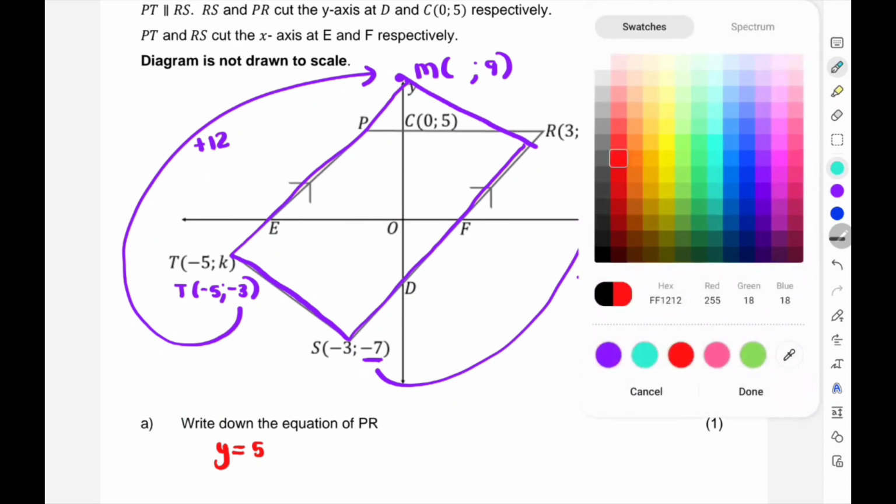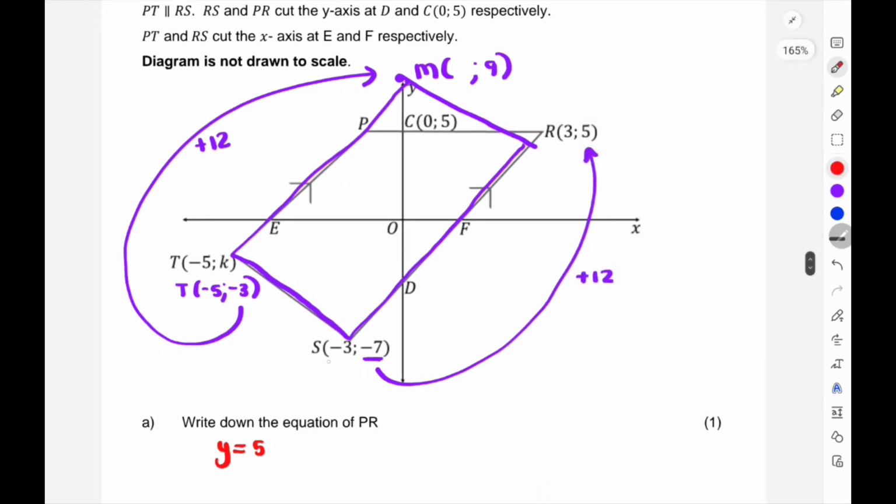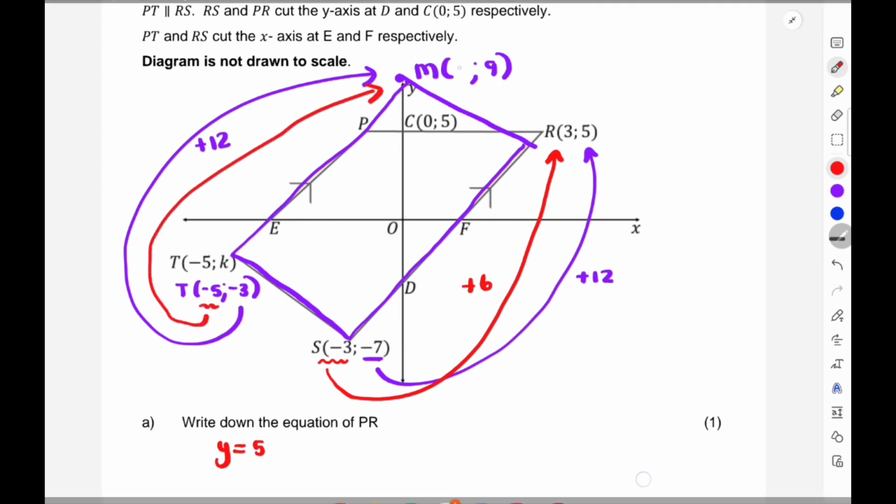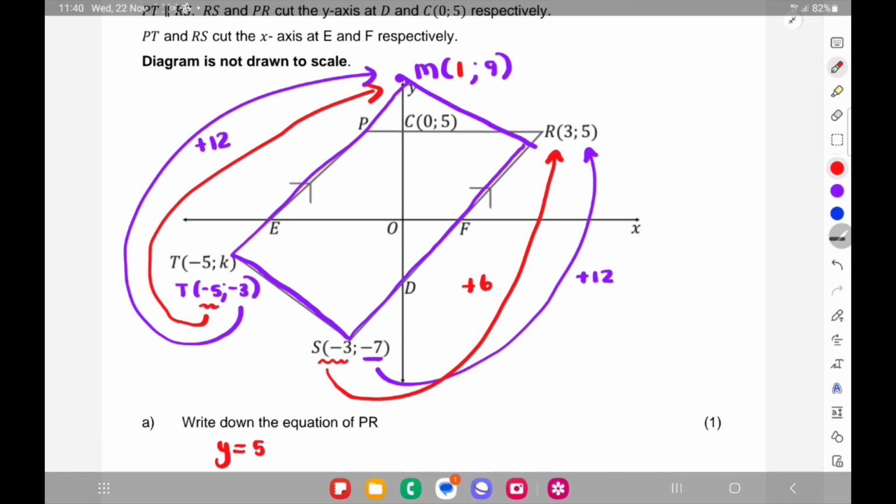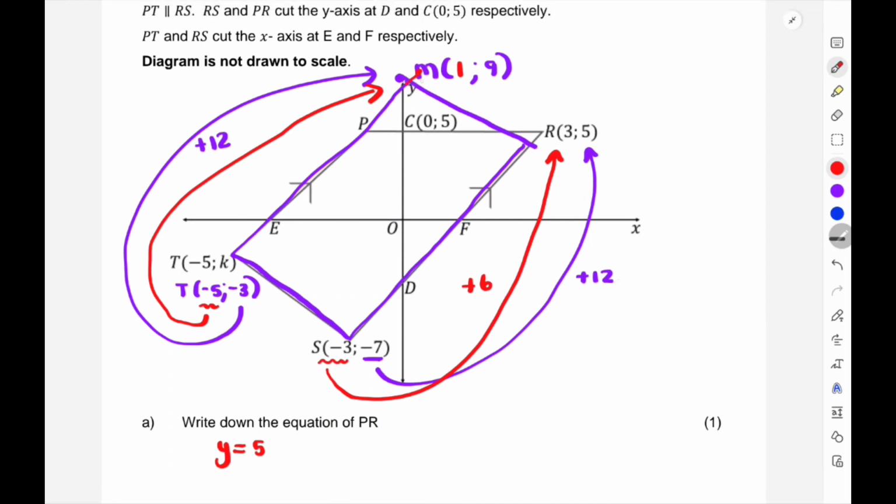Then with a different color, let's see how we got the x's. From -3 to 3, I added 6. So the x value here, if I add 6, I should get 1, which makes sense. So M is (1, 9).